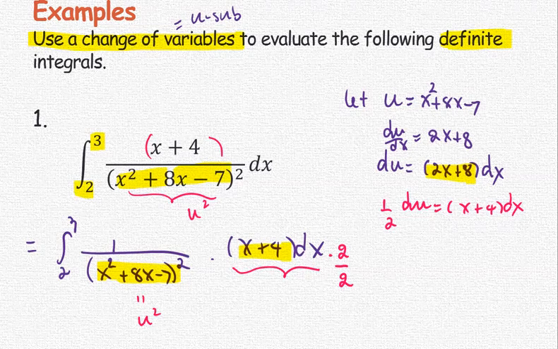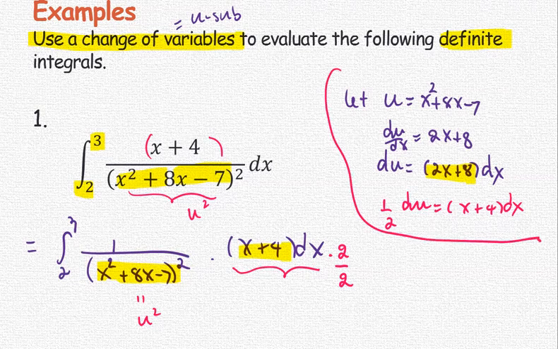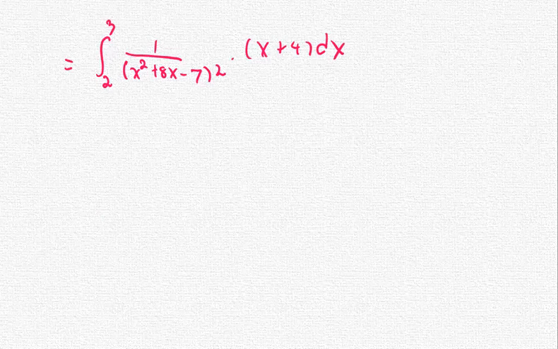But what I always do, I work on the prep work, make it completely done, and then I put everything back into the main area. So let me add one more slide. So far we have the integral from 2 to 3, 1 over, rewrite the problem again, x squared plus 8x minus 7, squared, times x plus 4 dx.